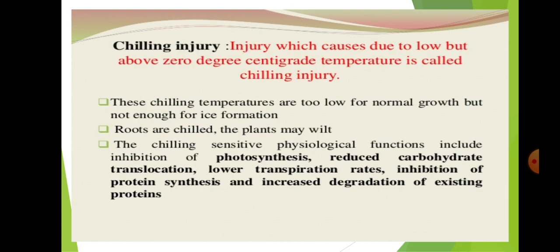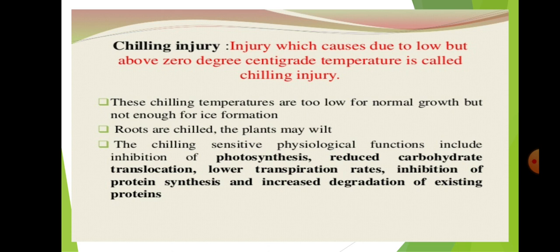The next type of injury is caused by low temperature, which is called chilling injury. Injury caused by low but above 0 degrees centigrade temperature is called chilling injury. These chilling temperatures are too low for normal growth but not enough for ice formation.